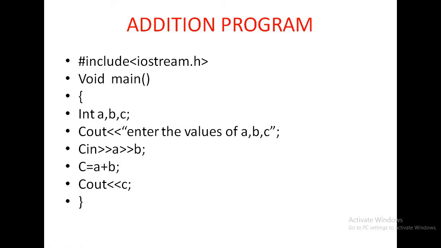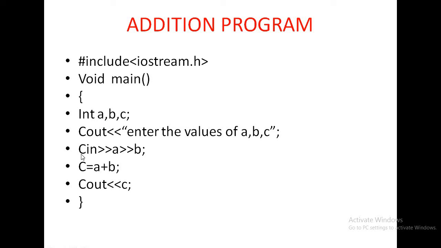Then the question is, among these three variables, which variable is taken from the keyboard? Variables A and B are taken from the keyboard because I want to add A and B. So how can I take them from the keyboard?